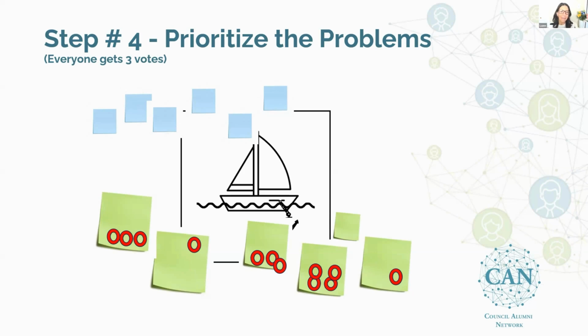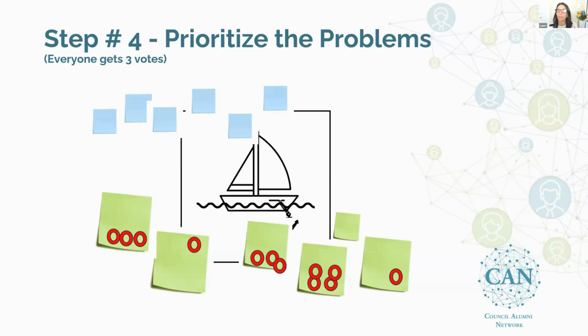Okay. And then the fourth step is everyone gets 3 votes. So they get 3 of the circle stickies, whatever you're going to use for that. And they have to go up to all the challenges that are on the board, and they have to prioritize where they feel is the biggest one.